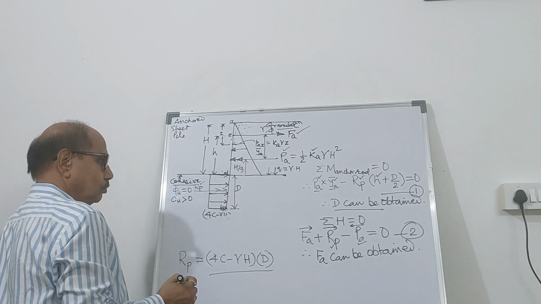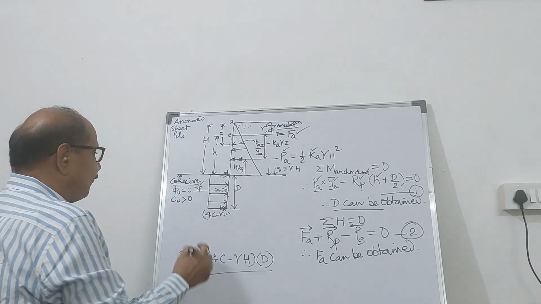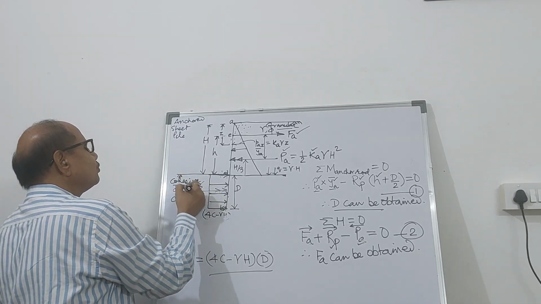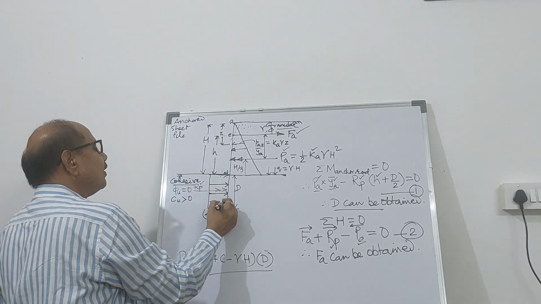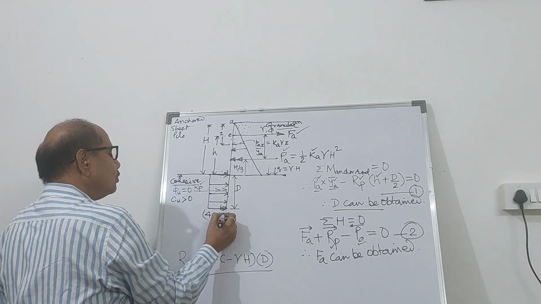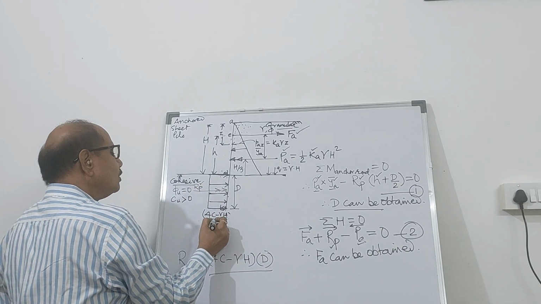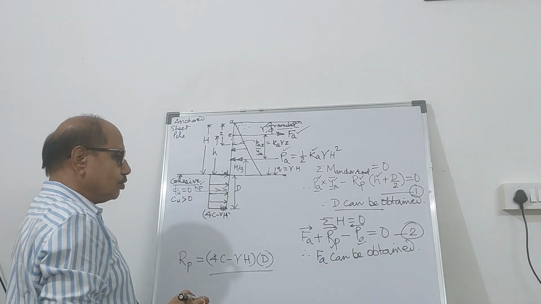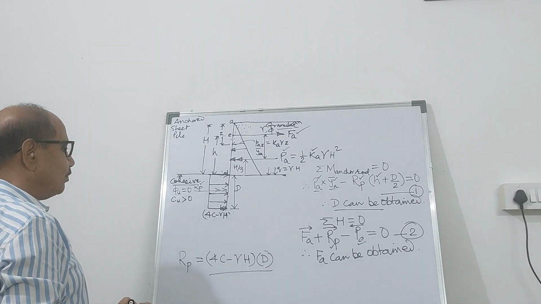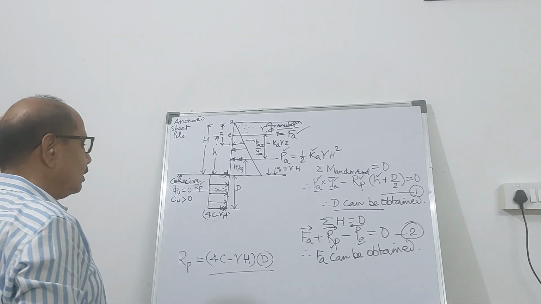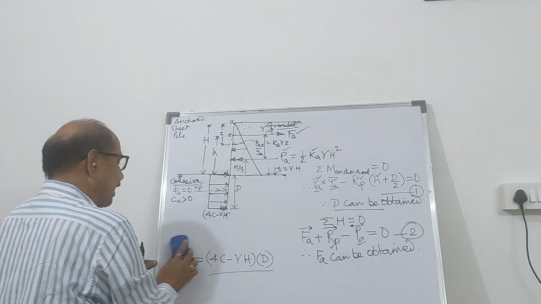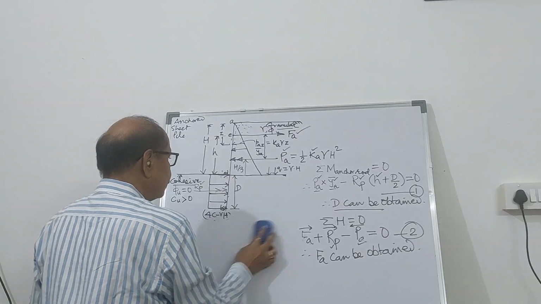Now, if this resistance force, because it is going to deflect like this, becomes 0, if this force Rp is going to be 0, then your ground becomes unstable. So let's say this 4C minus gamma H pressure is 0.